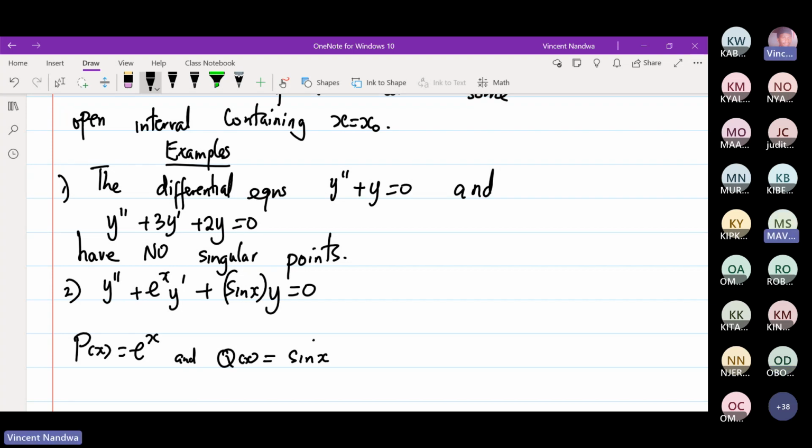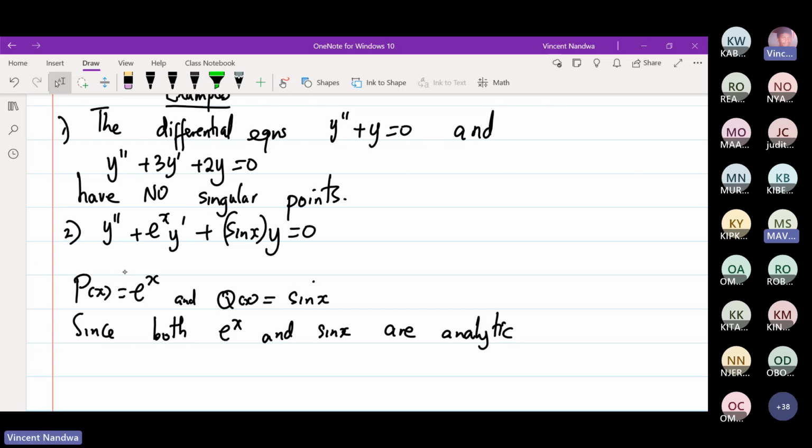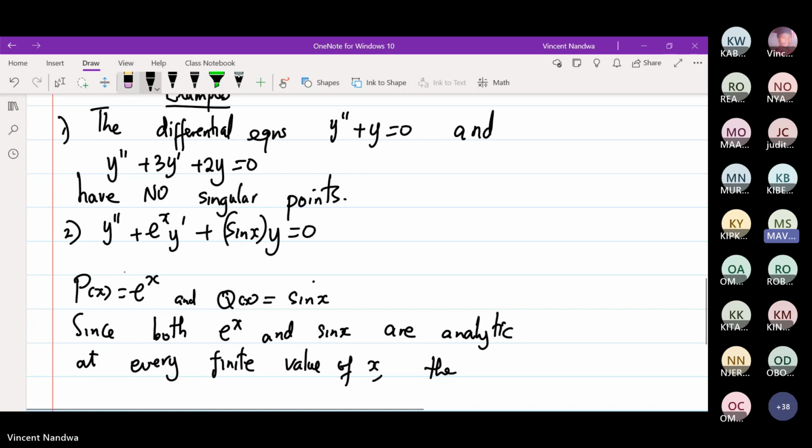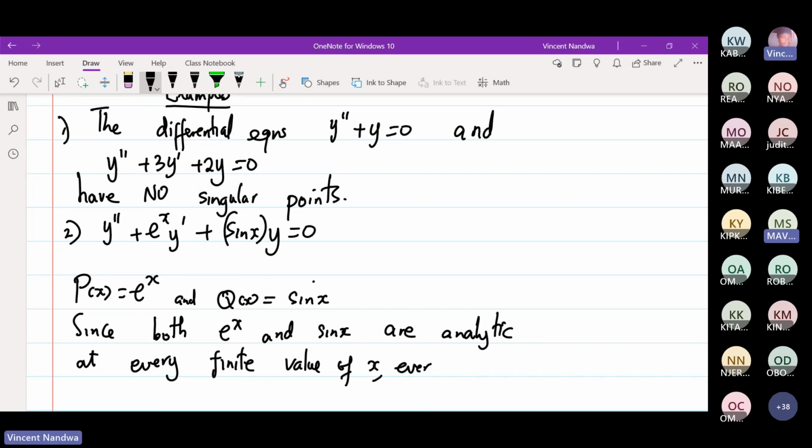So since both e power x and sine of x are analytic at every finite value of x, every value of x is an ordinary point.